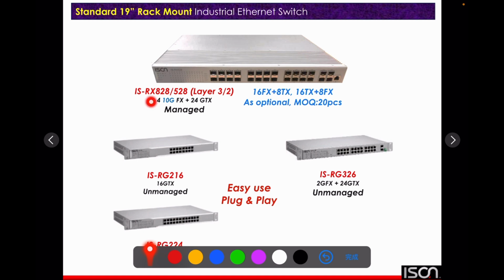They are all managed switches with 24 RJ45 ports and 4 10G SFP slots. Also, they could customize to 16 gigabit SFP slots with 8 gigabit RJ45 ports or 16 gigabit RJ45 ports with 8 gigabit SFP slots for optional.